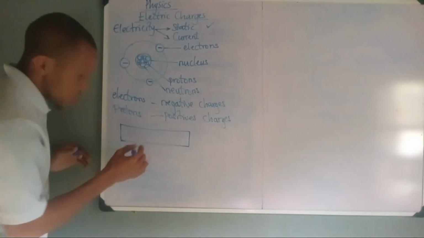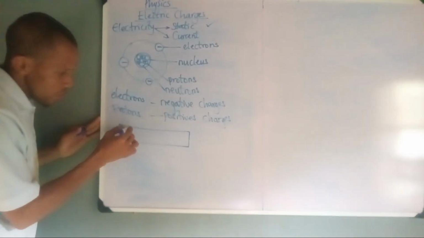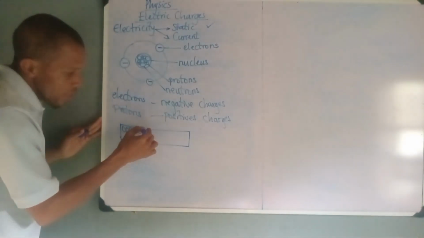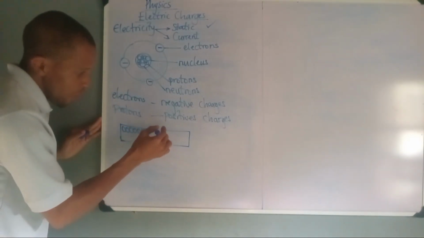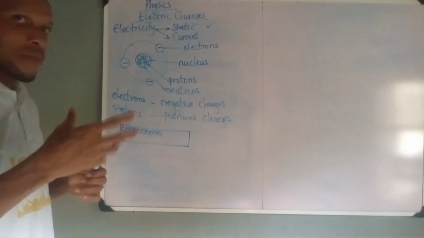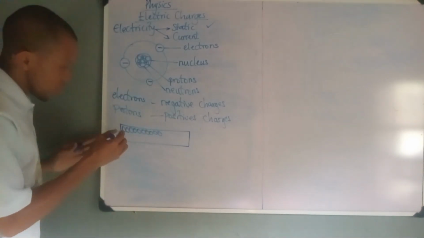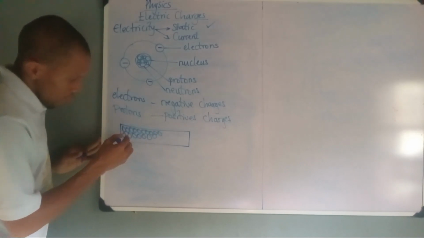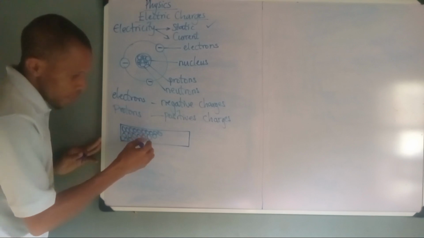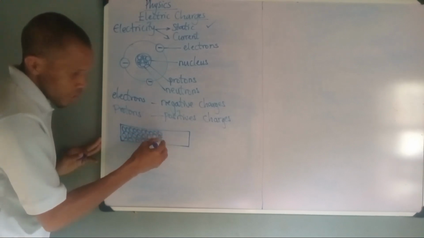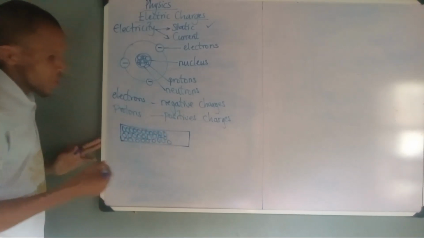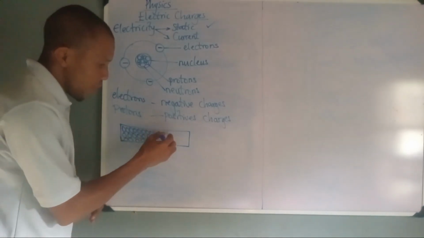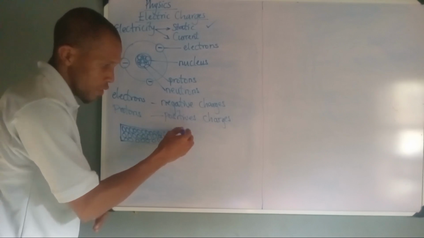Now, let's look at this substance. This substance is made up of numerous atoms, because atoms are very, very small. Thousands and millions are kind of tiny quantities for them.